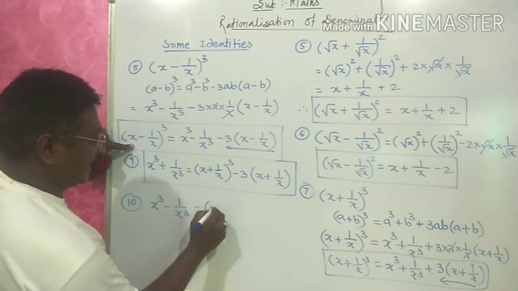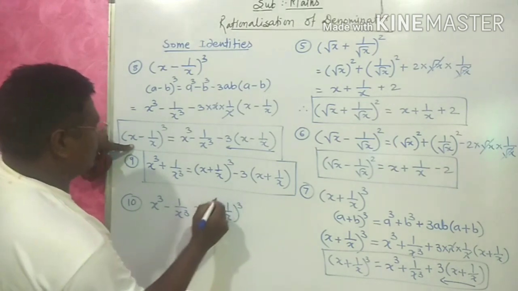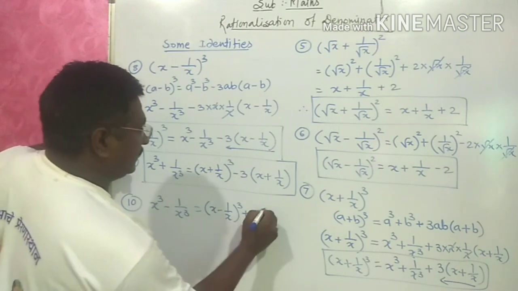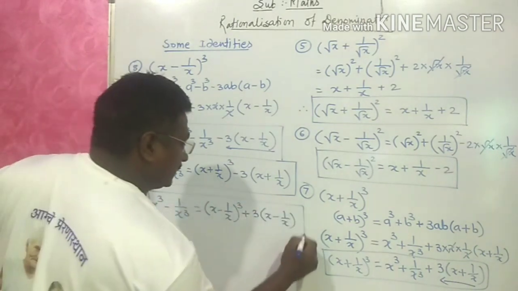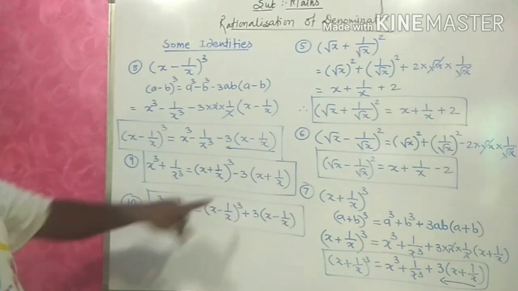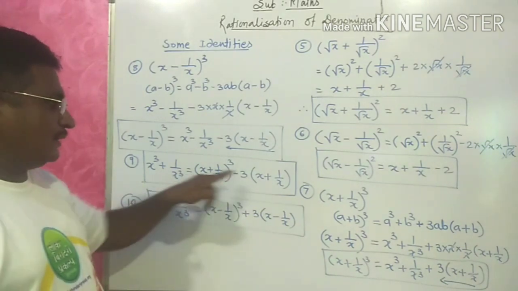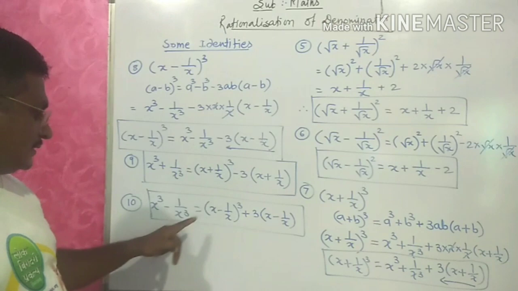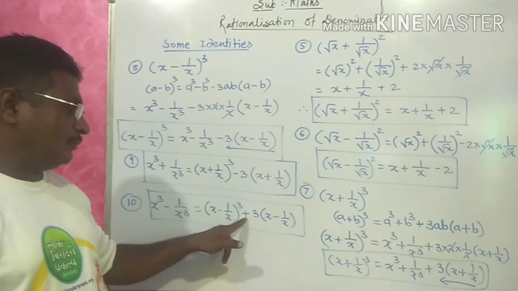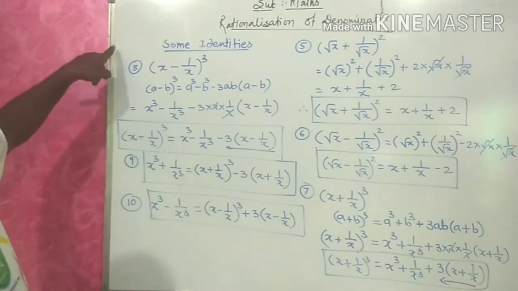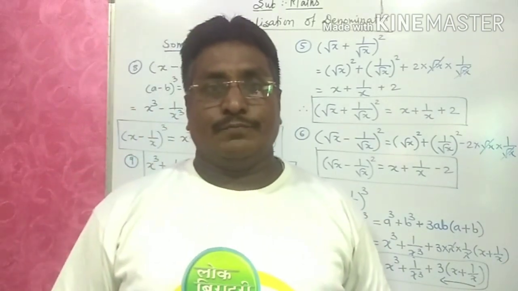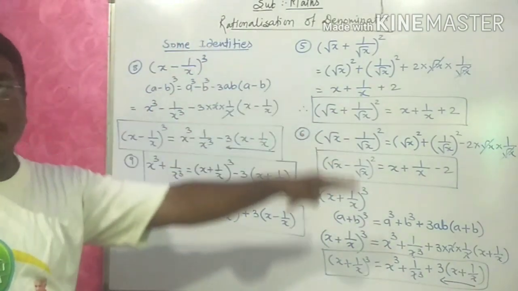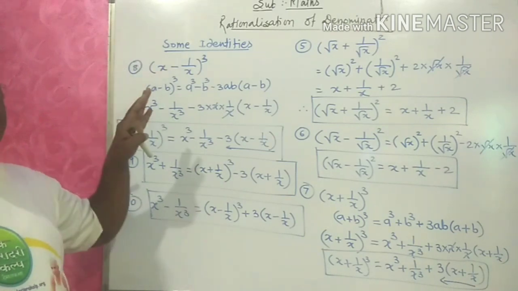So we get x minus 1 by x whole cube plus 3 into x minus 1 by x. So this is the 10th identity. Here both brackets have plus sign, so the middle one has minus sign. Here both brackets have minus sign, so the middle one is plus. So these are the 10 identities for solving the next examples. Hope you understand, student. By using these identities, we have to solve other questions.